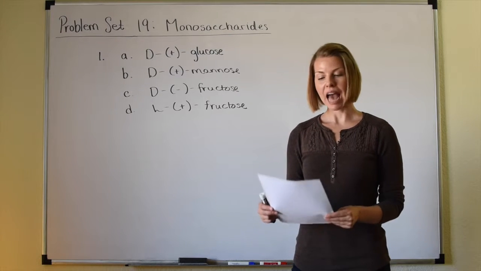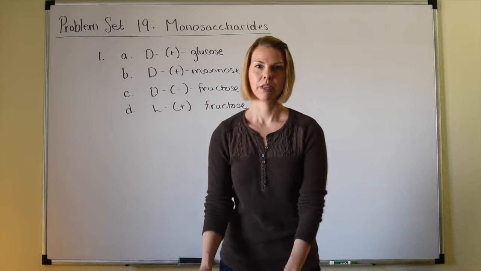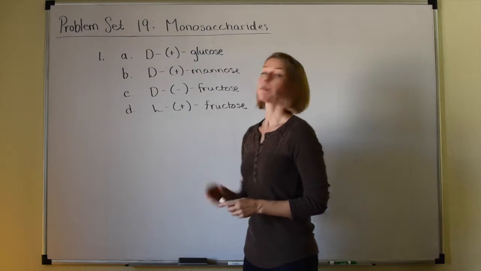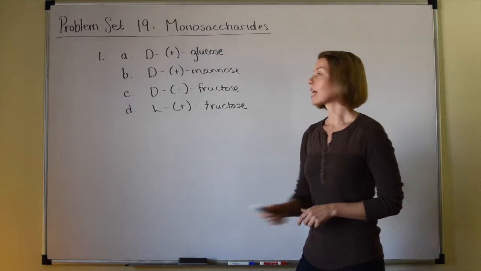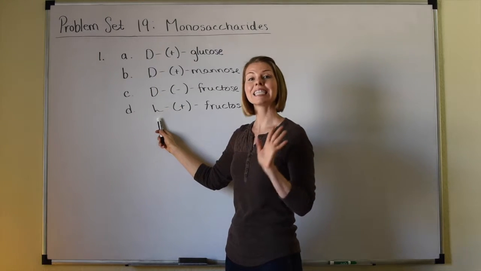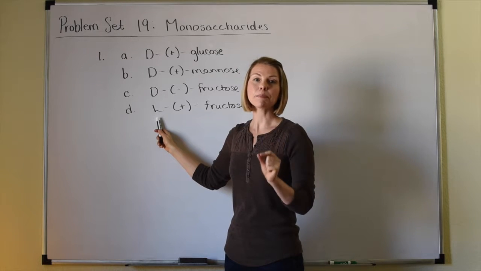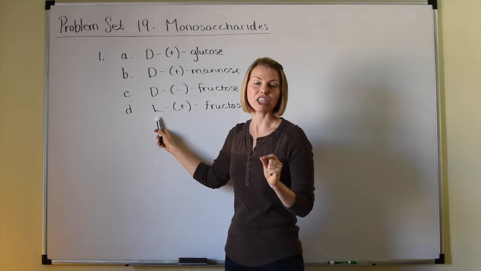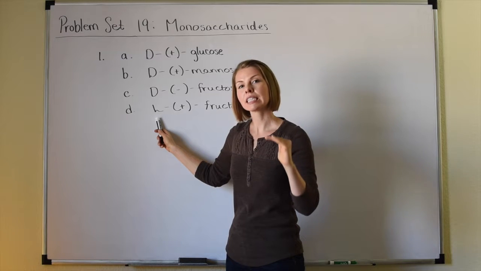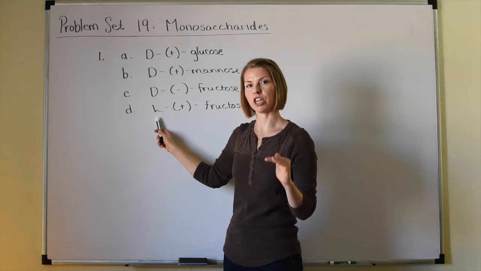Label the following as dextrorotatory or levorotatory. So I already wrote A through D up here on the board. Remember that the capital D and the capital L do not stand for dextrorotatory and levorotatory. They simply tell you the orientation of the lowest chiral carbon hydroxyl in a Fisher projection.